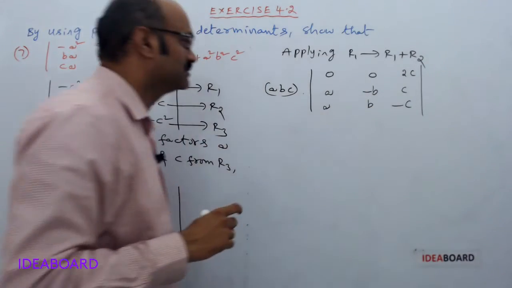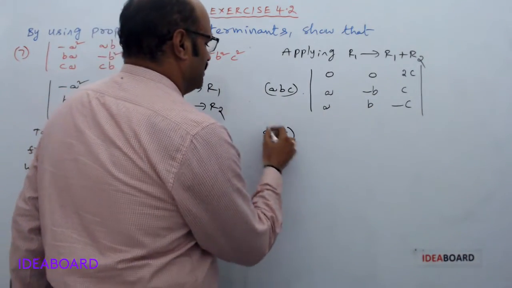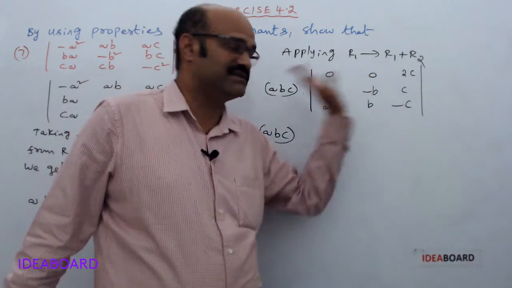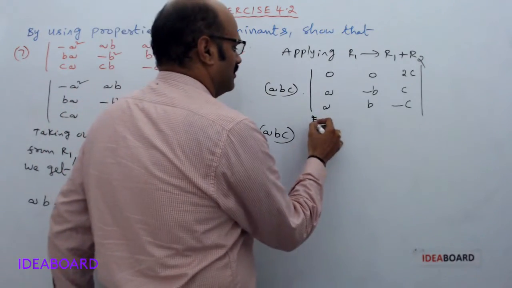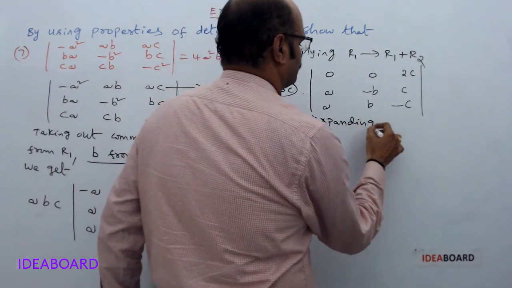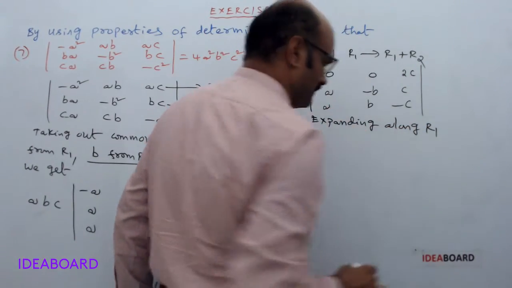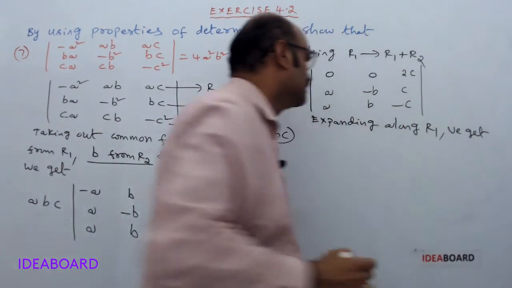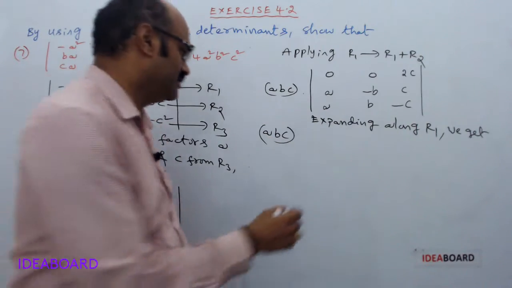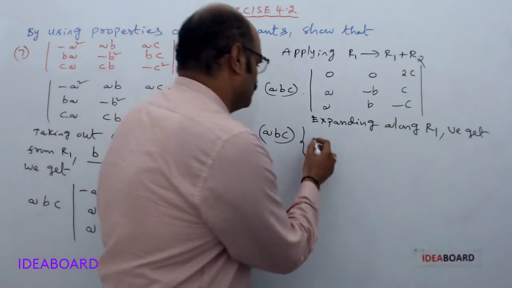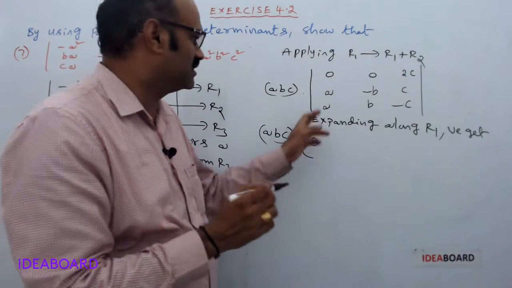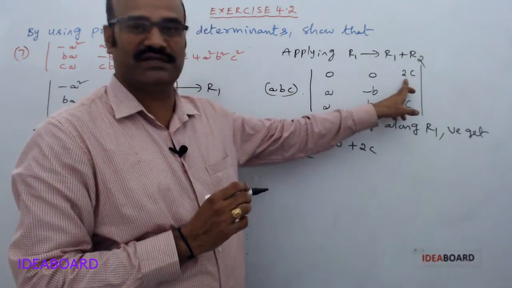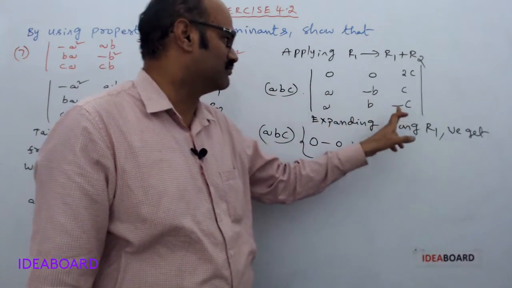So it implies abc into, whenever we have two zeros, the simplification is very easy. So expanding along R1, we get abc same into 0 into whatever we have, we will get 0 only. 0 minus 0 plus 2c into, the element 2c lies in first row and third column.